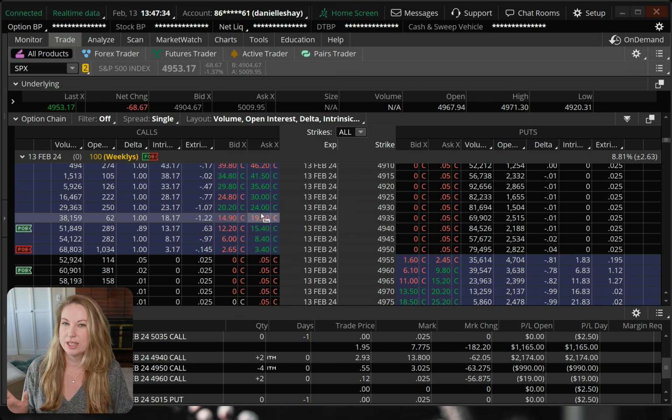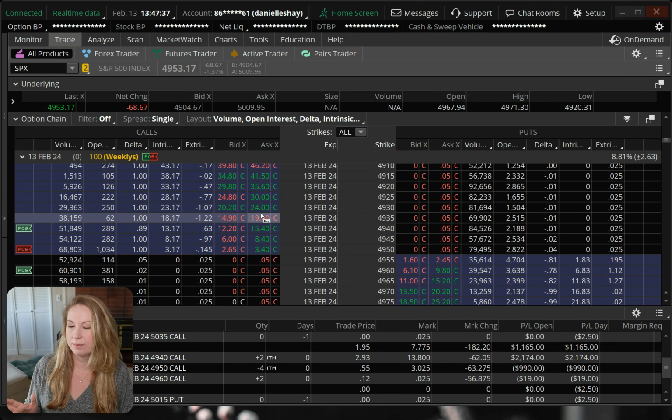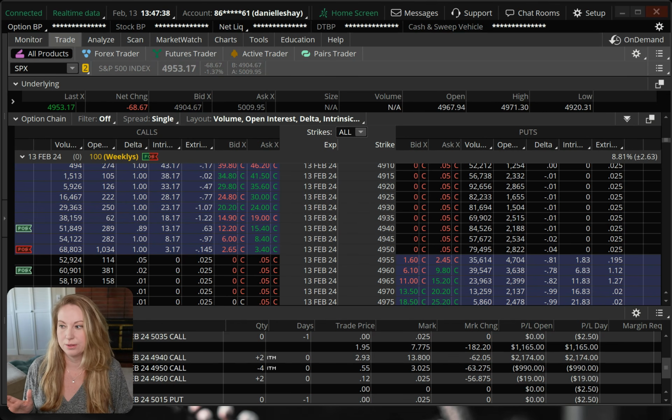So I really should have gotten in about 12 minutes earlier, and I should have used a $20 wide butterfly instead of a $10 wide butterfly, but that's okay. So I ended up getting in when price was right around 49.40, and I bought a $10 wide butterfly. So 49.40, 49.50, 49.60. This is a pretty small trade. It only costs $1.95 to get in. So it's going to be less than $200 a contract.